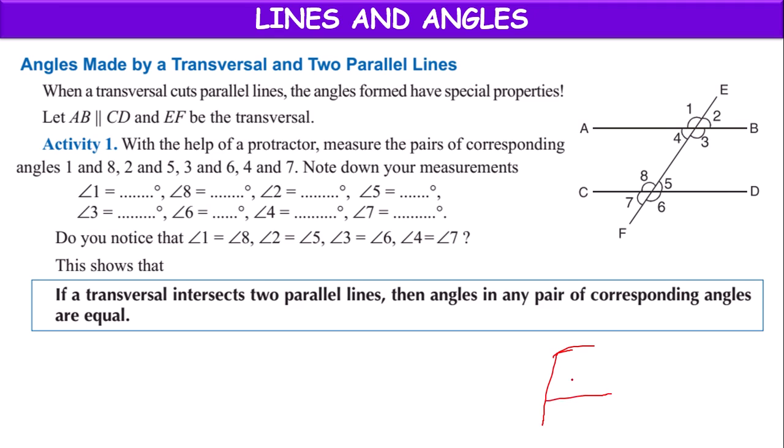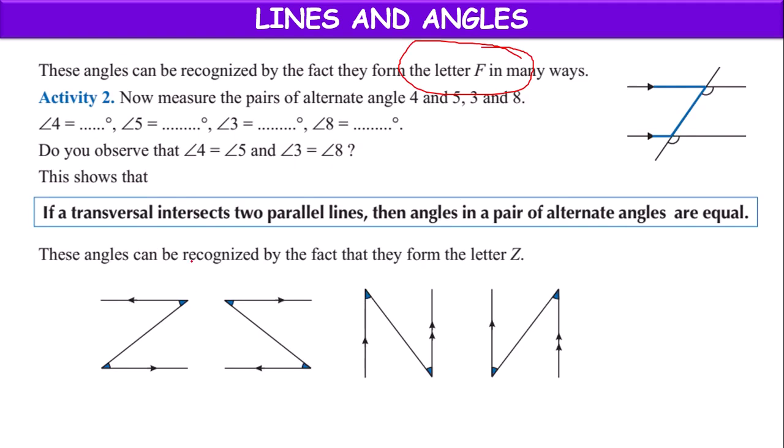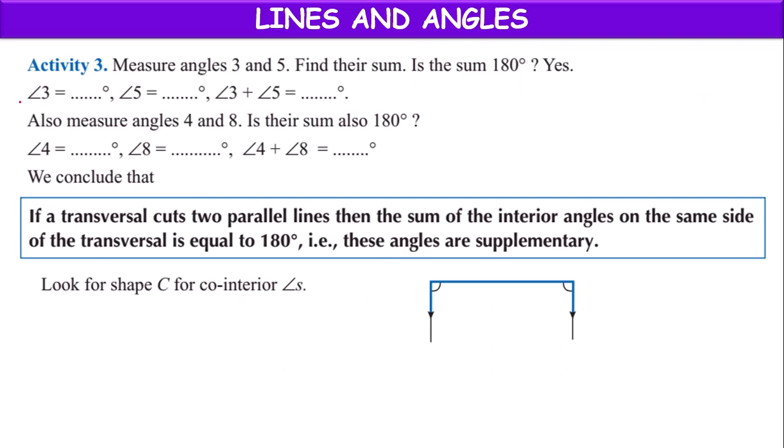So this downside angle and this angle will be equal, or like this F. These two are parallels, this is the transversal, downside angle, same side angle. Based on the letter F, we can recognize the corresponding angles. Based on the letter Z, we can recognize the alternate angles.